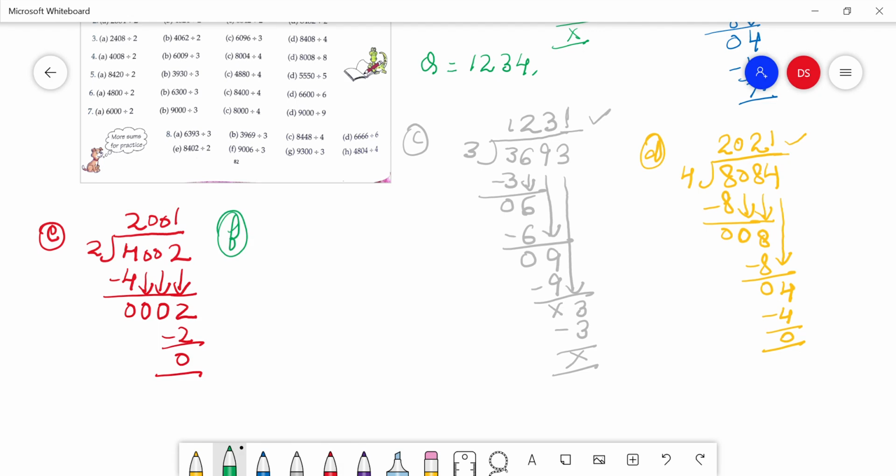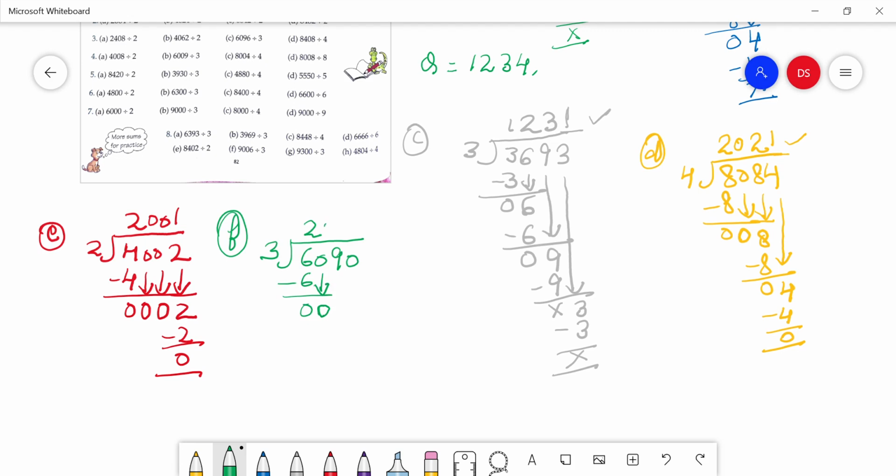Now we will do F part. 6090 divided by 3. 3 twos are 6. 6 minus 6 is 0. Next digit is 0. Children, so many times I have told you, when we divide 0 by any number, the answer is 0.